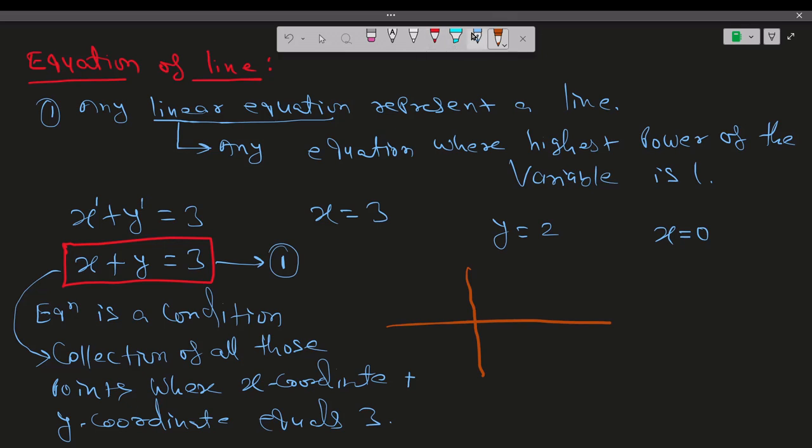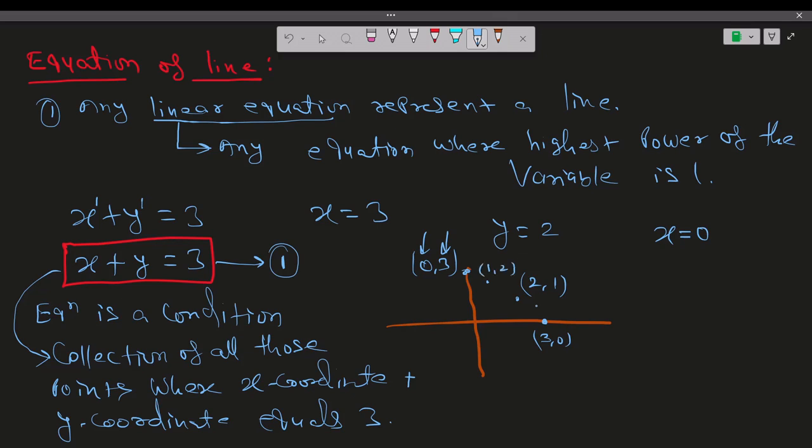If you ask me what is x plus y equals 3, it will go something like this. Please see, what is the point here? This is 3 comma 0. If I add x coordinate plus y coordinate, will I get 3? Yes, so this point satisfies the condition. Similarly, this one, 0 comma 3. Yes, you get 3. Similarly, this point is 2 comma 1, and this is 1 comma 2.